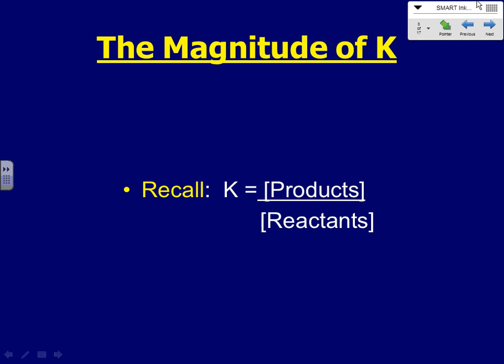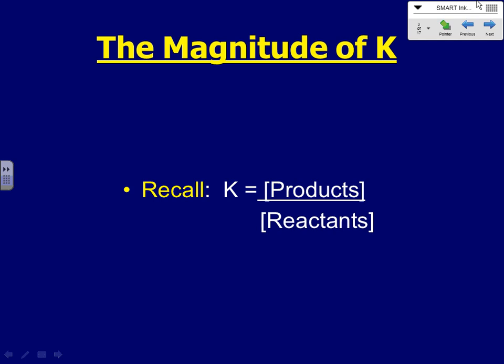Because on the test, I'm not going to say, oh, by the way, this is where we're solving for K and we're starting with equilibrium concentrations. I'm not going to tell you what tactic to use, so you're going to need to be able to recognize them. I'll try, as best I can, to separate those tactics out so you can figure out which method to use, because it can get a little confusing.